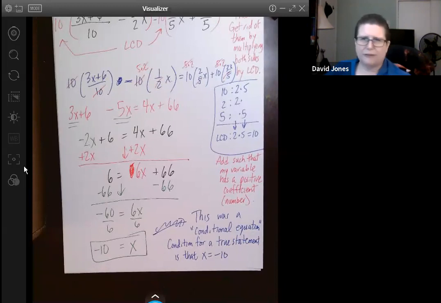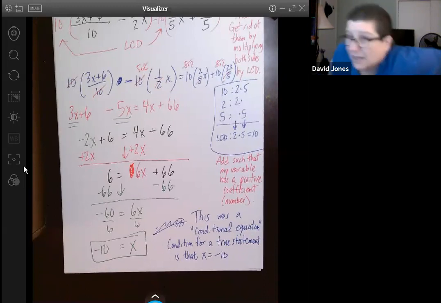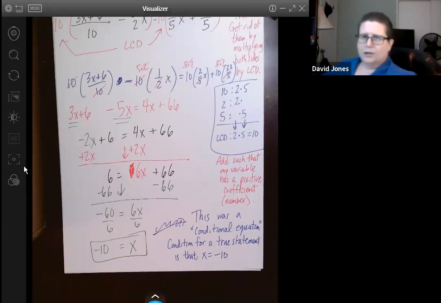I don't use the phrase conditional equation. Math lab might ask you about it. You're not going to hear it a lot, but I thought I'd better give you the terminology just in case it pops up. Okay?